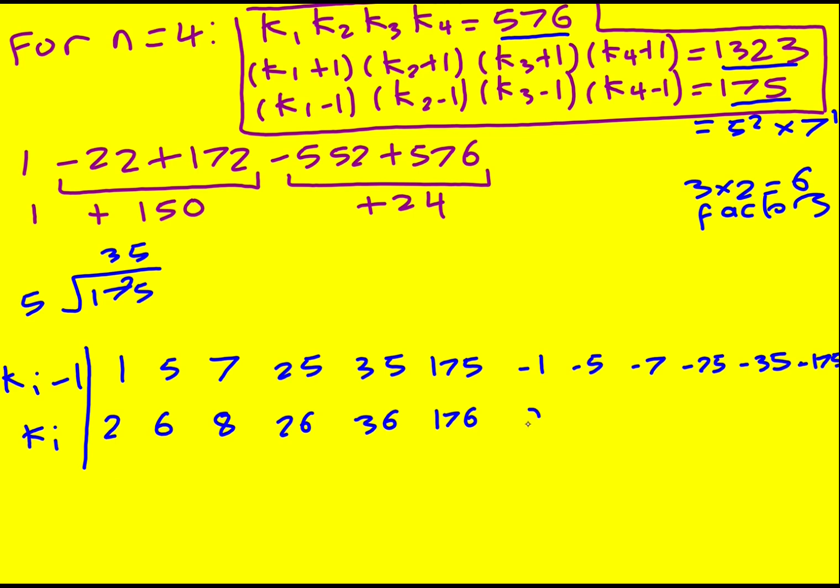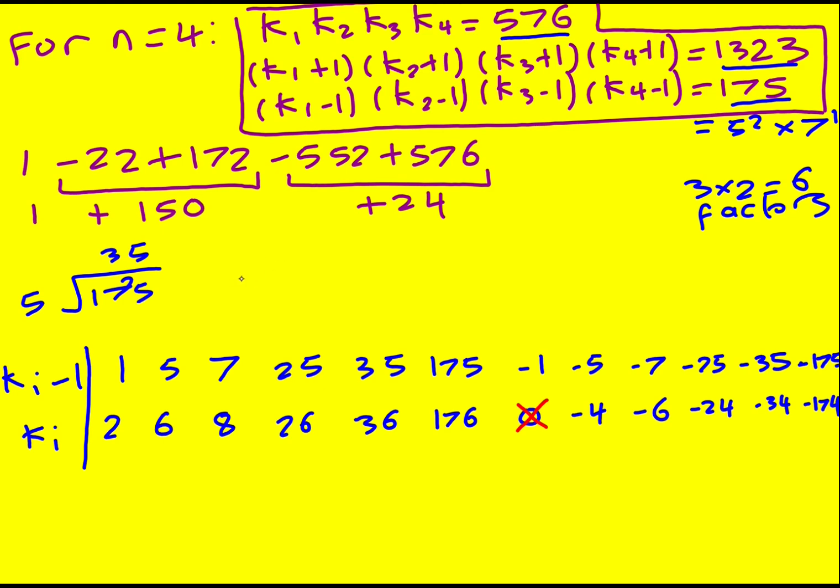So add 1 to each of them: 0, minus 4, minus 6, minus 24, minus 34, and minus 174. So it's this bottom row, they're my possible roots, but I've just used one of the equations to get them. So now I'm going to do similar for the other two, and I'm looking for the same ki basically. I can eliminate them if it's not going to work. I mean, immediately I can eliminate 0, for example, because when I times them all together, I get a positive number. It can't be 0.